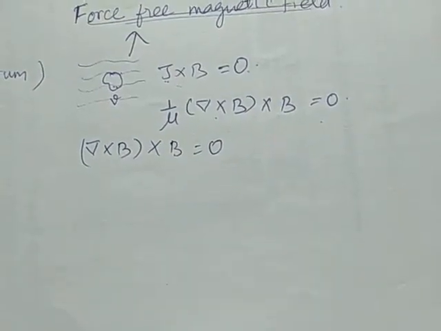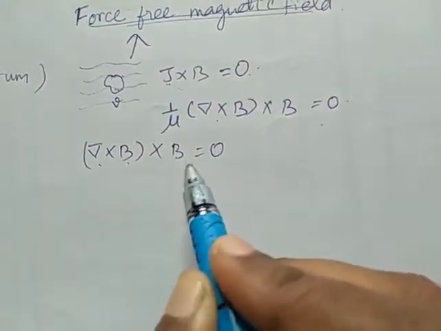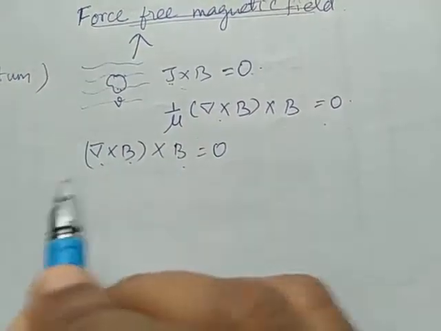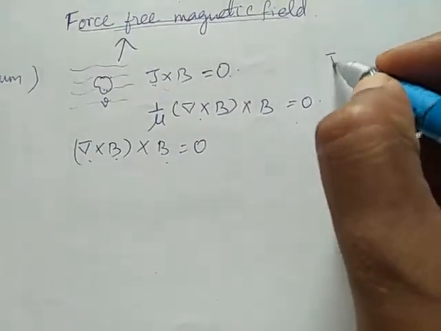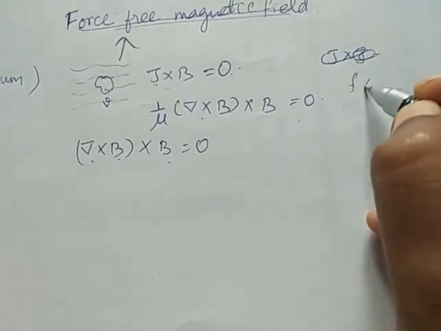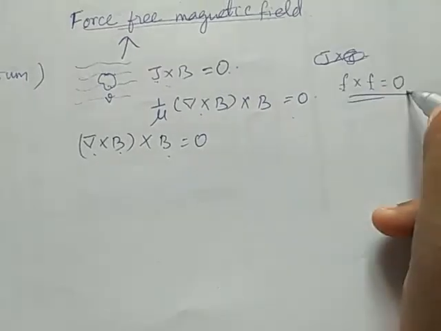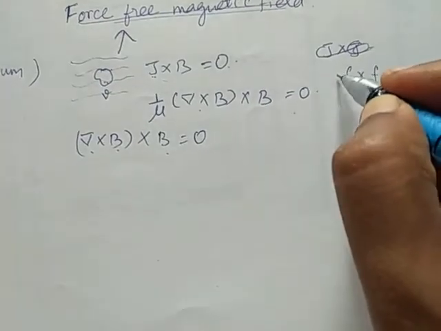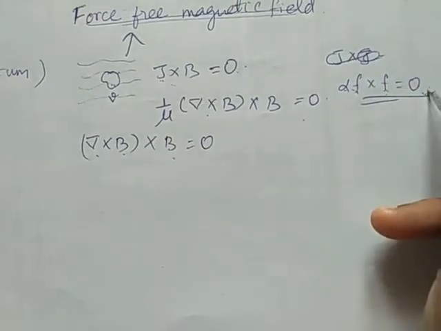So it means del cross B and B should be the same direction. Then only we will get 0. See, if we have F cross F, then it will be 0. When we have two identical functions, then it will be 0, or it should be some constant times the function.